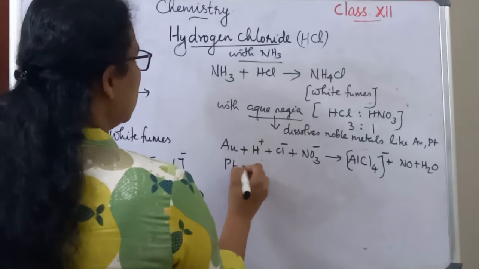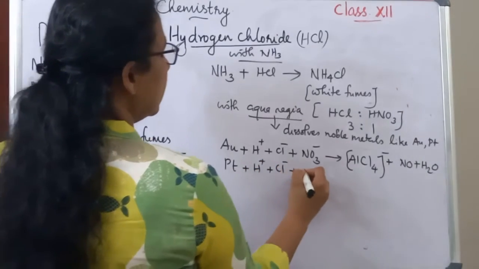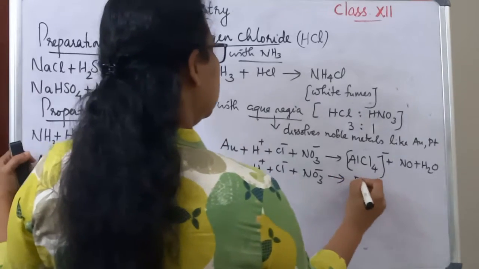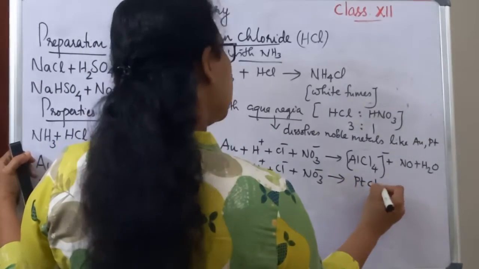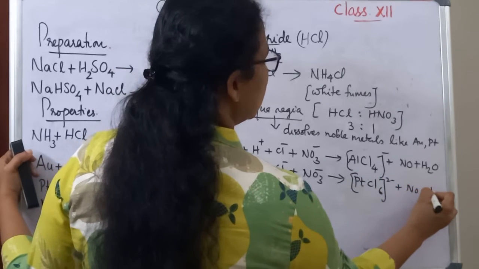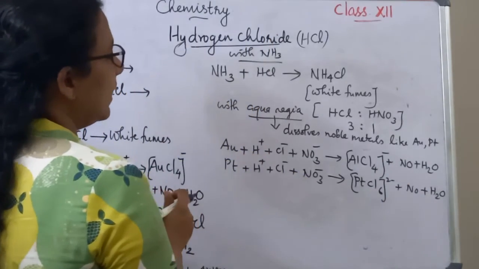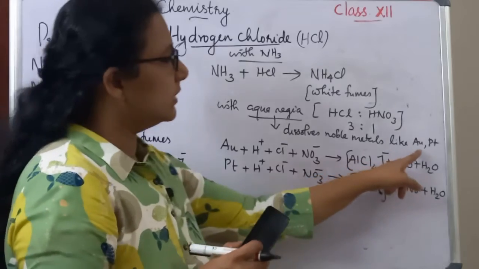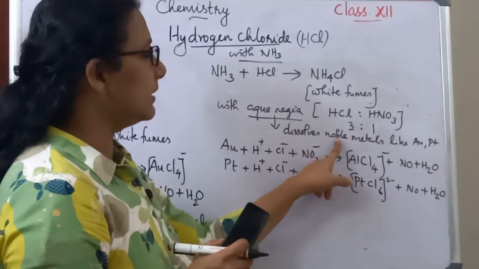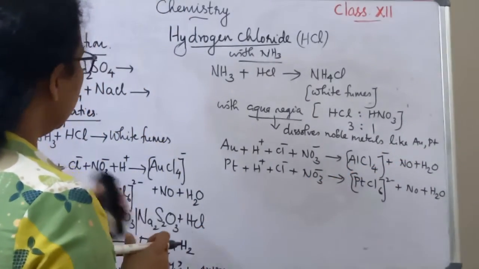With platinum also we can write a similar equation. H plus is there, Cl minus is there, NO3 minus is there. So this is the reactant side. And here the product side is PtCl6 2 minus and NO plus H2O. So these are the two equations when aqua regia reacts with gold and platinum. So anyway, aqua regia dissolves noble metals like gold and platinum. So this is the reaction.